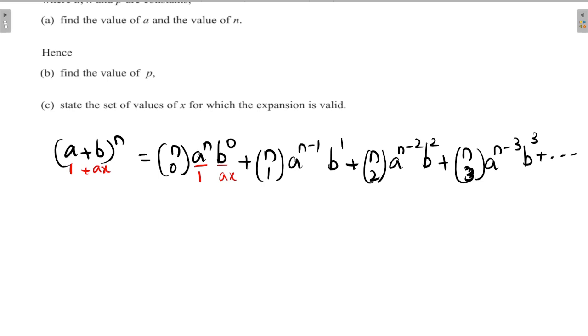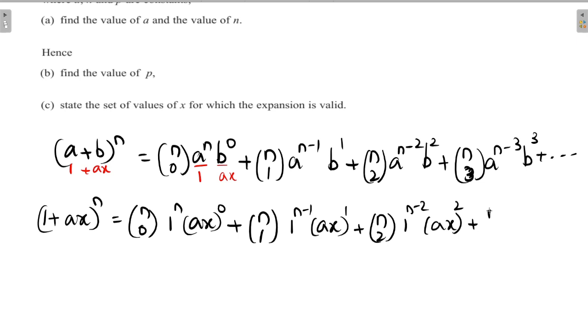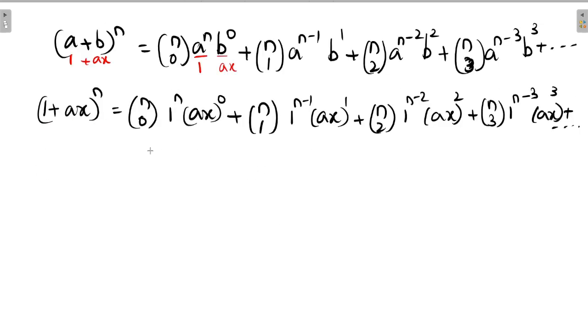So (1 + ax)^n is equal to nC0 1^n (ax)^0 + nC1 1^(n-1) (ax)^1 + nC2 1^(n-2) (ax)^2 + nC3 1^(n-3) (ax)^3 + etc. Let us simplify and find the terms.